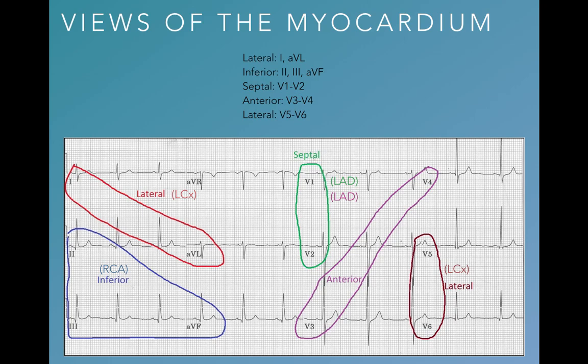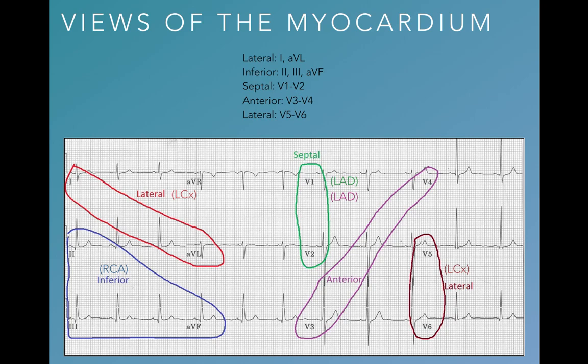And these leads, if you know the anatomy, also correspond to certain coronary arteries. So if someone has a heart attack, you can look at certain leads and know which vessel is involved. And this is obviously very important. So I tried to circle these as best I could.